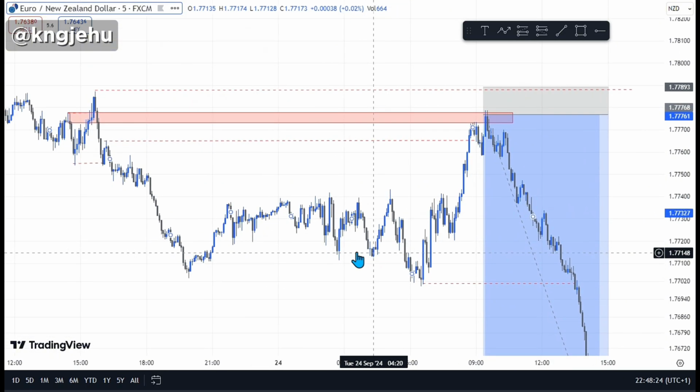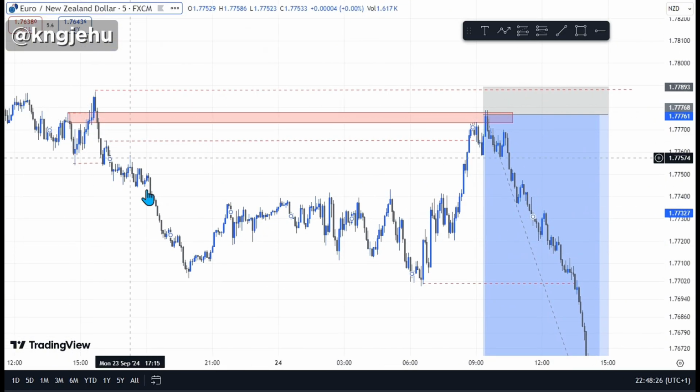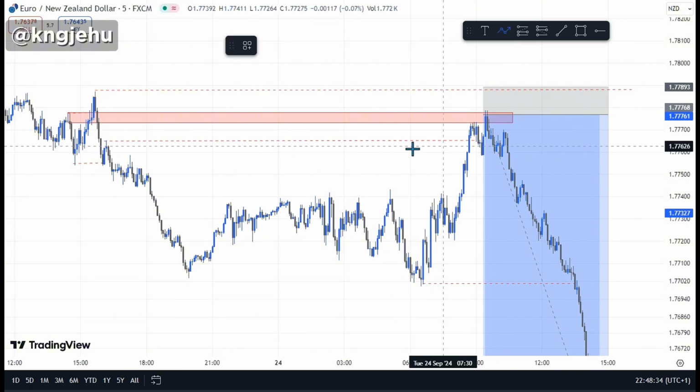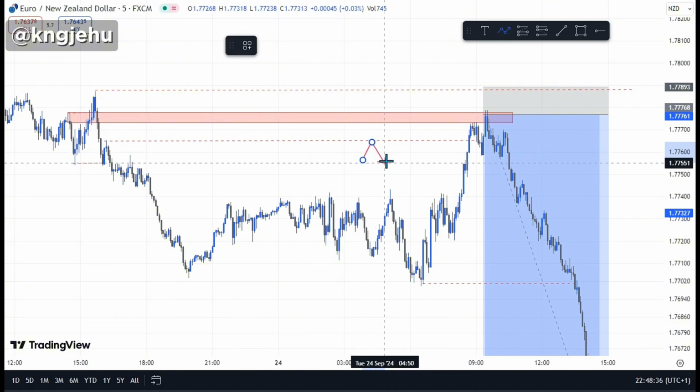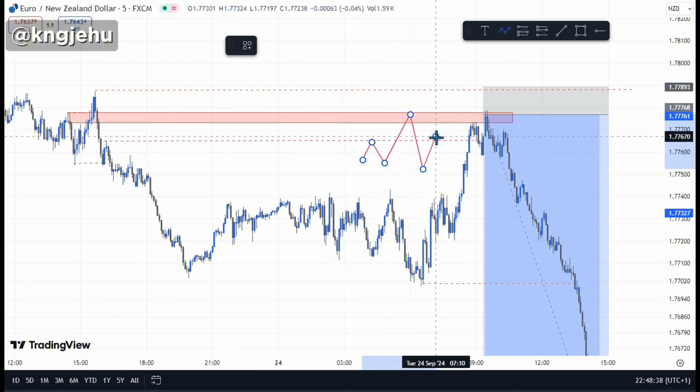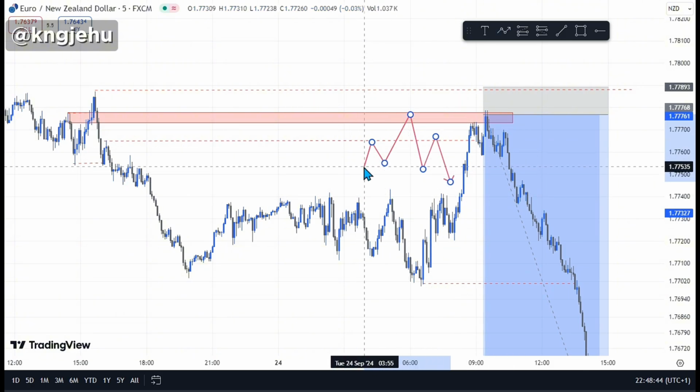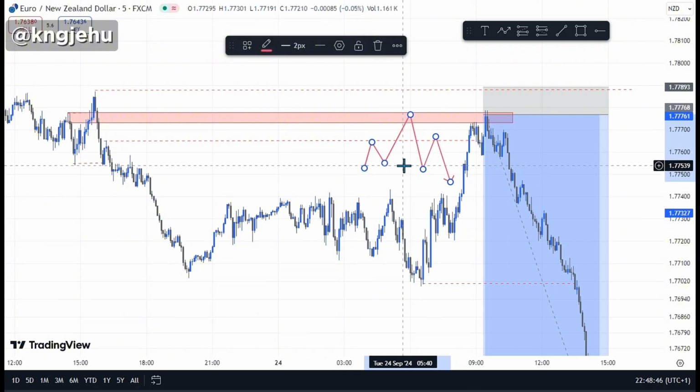So after price played out to this point, price came into this zone where we are expecting a sell. And what do we see in this zone? We see a head and shoulder pattern, and this pattern always occurs at the end of an uptrend, signaling a downtrend from that area.